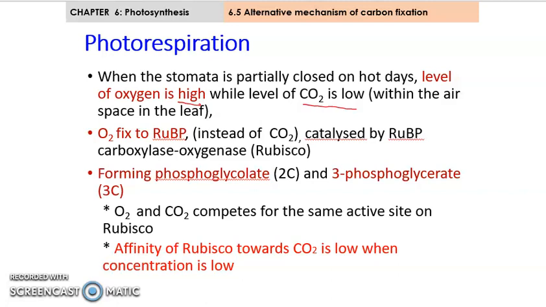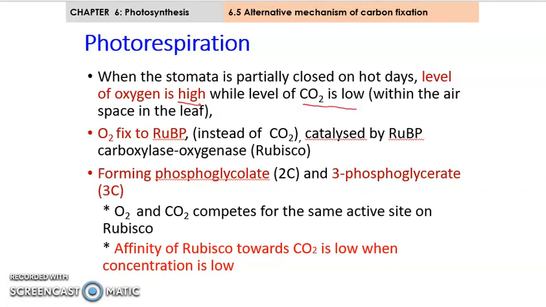If you look here, when the Calvin cycle occurs, carbon dioxide attaches to the ribulose bisphosphate, catalyzed by Rubisco. But in a condition where oxygen is higher than carbon dioxide, oxygen tends to fix to the ribulose bisphosphate instead of carbon dioxide.